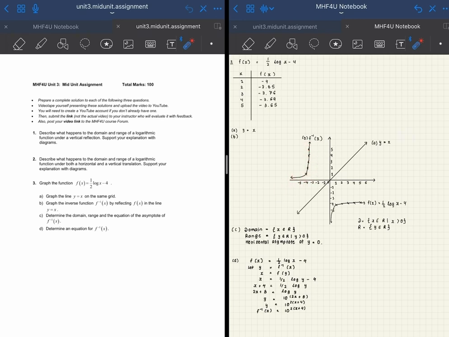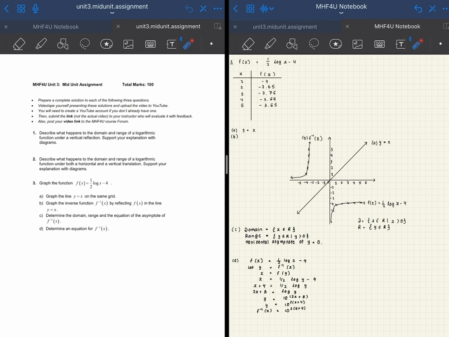And for part C, determine the domain, range, and the equation of the asymptote of f inverse of x. The domain for f inverse of x is x belongs to R, and the range is y belongs to R such that y is greater than 0.